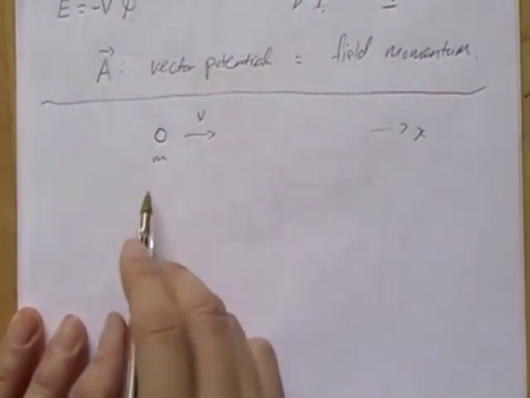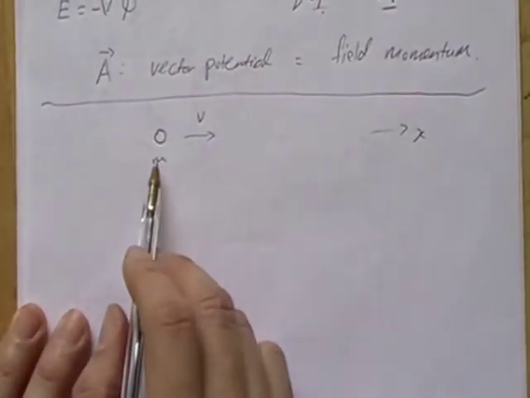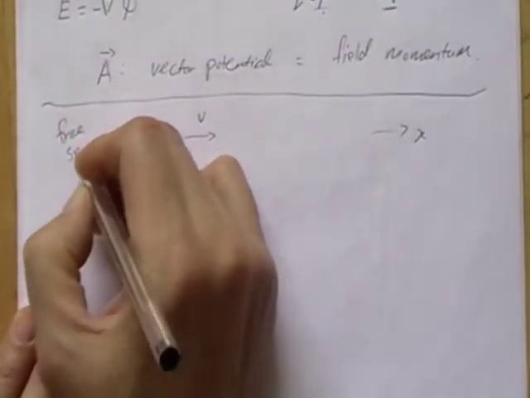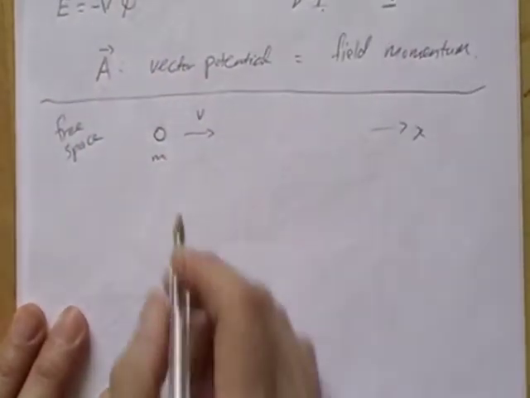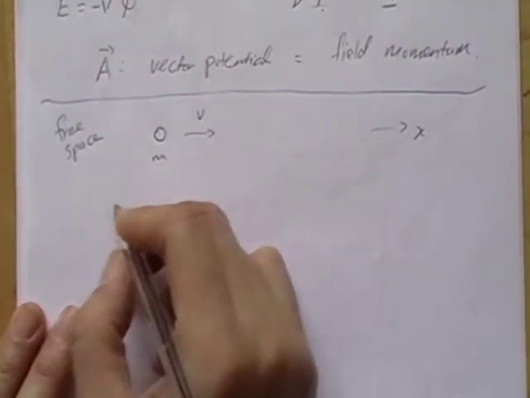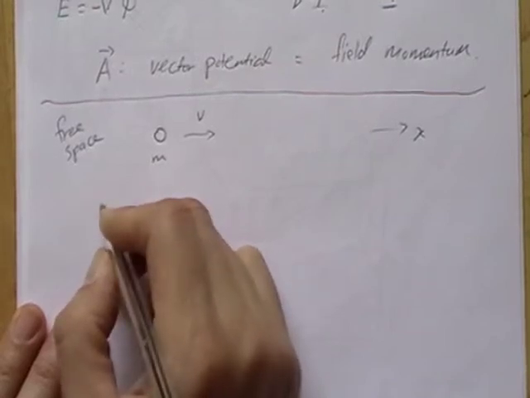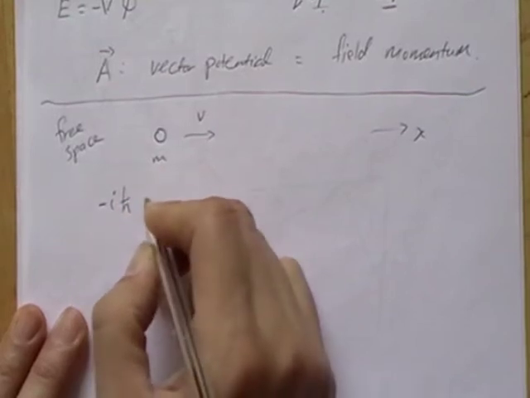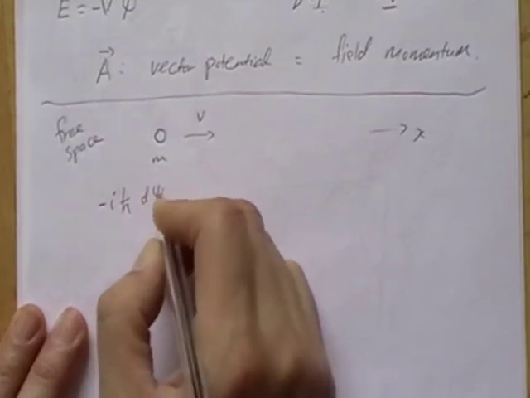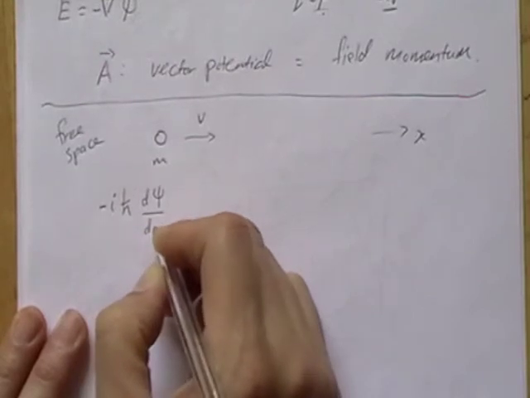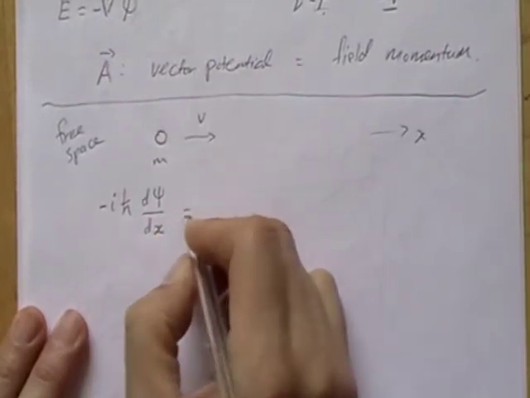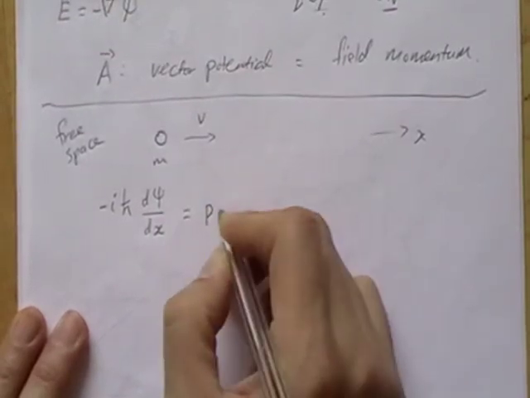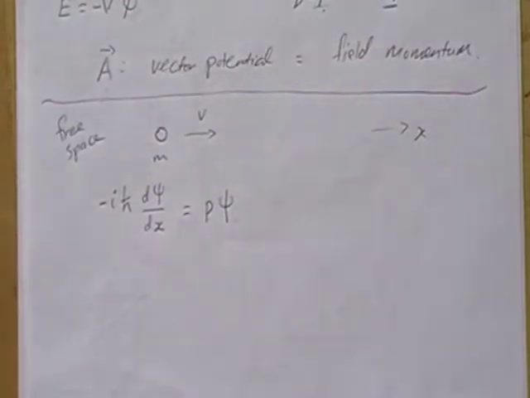The Schrodinger's equation for this system, just a particle in free space, no potential, is given by minus i h bar d of the wave function by dx is equal to the momentum times the wave function.